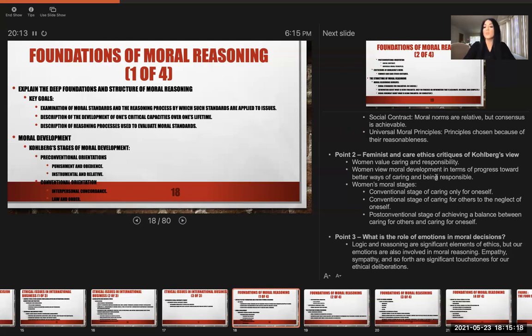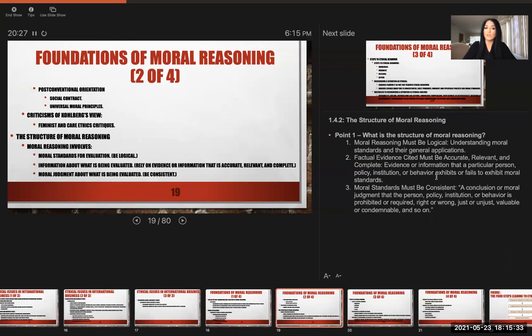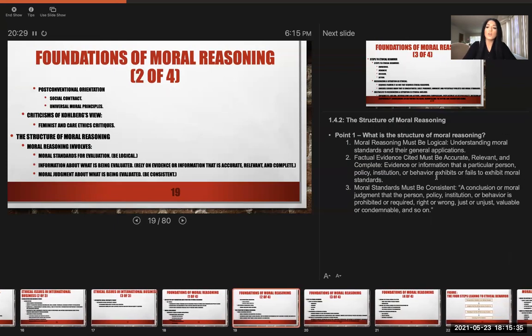So what is the role of emotions in moral decisions? Logic and reasoning are significant elements of ethics, but our emotions are also involved in moral reasoning. So empathy, sympathy, and so forth are significant touchstones for our ethical deliberations.